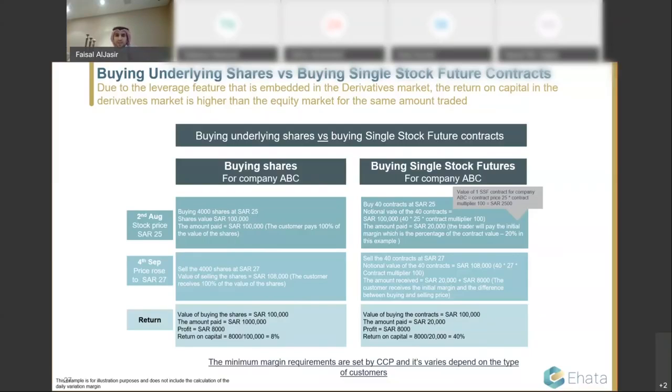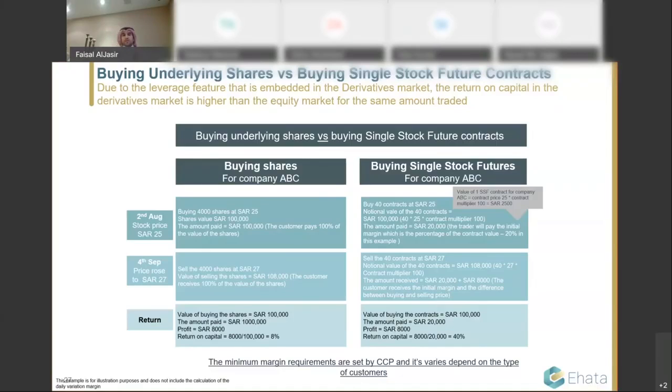So on the 4th of September, the price, luckily for you, went up by 2 riyals. So we are talking about Saudi Riyal 27 now, and you own 4,000 shares. You sell those 4,000 shares, so the value of selling the shares will be around 108,000, and you receive the whole 100% of that amount.